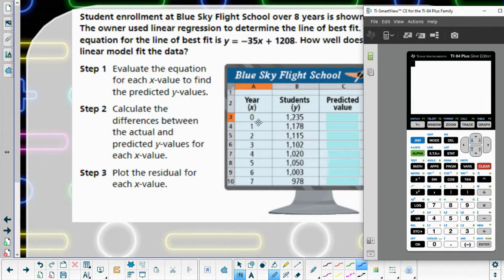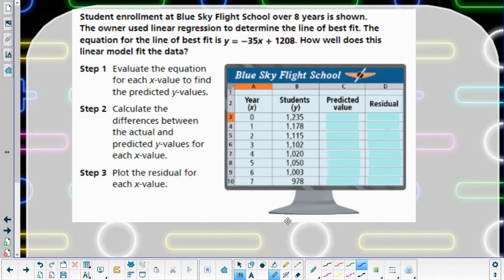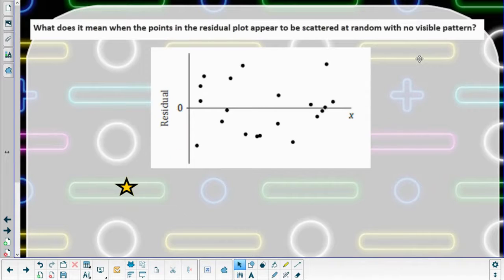So my first x value is 0. If I put 0 in there, I can probably tell this one without using the calculator. Negative 35 times 0 is 0, plus 1,208. So I can say that I have a predicted value of 1,208. Let's see if I might even have that hidden right behind there.